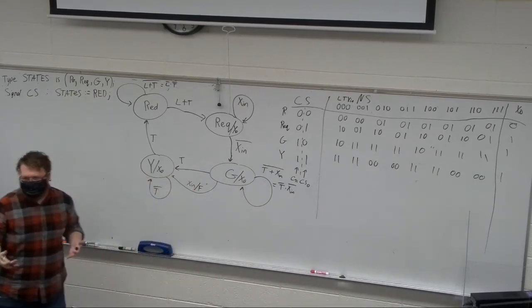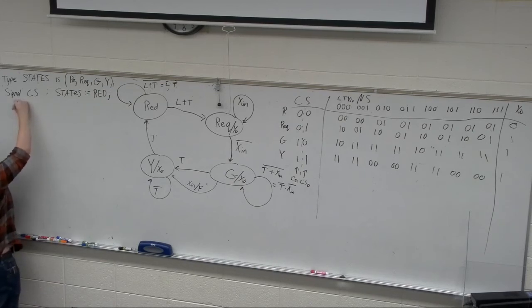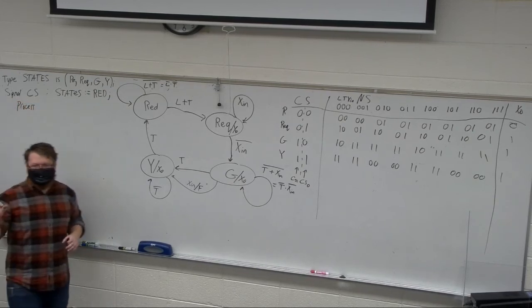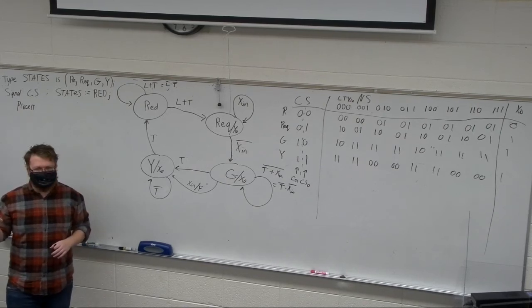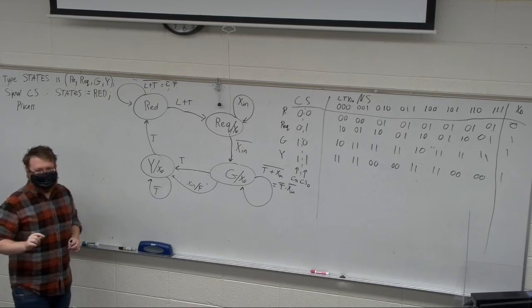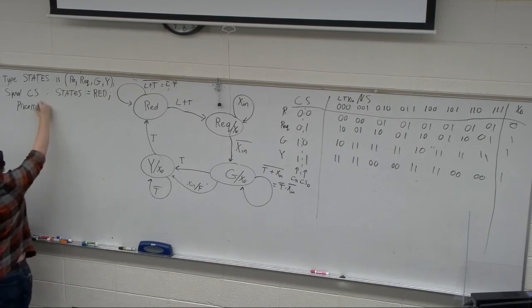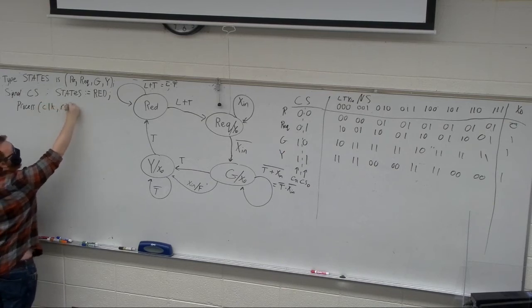State machines need a process. They always need a process. So we're going to start off with that process. Why do we know it needs a process? Because it's sequential. Because the D flip-flops are clocked, we know it needs a process. We're going to process on a clock and on a reset signal.